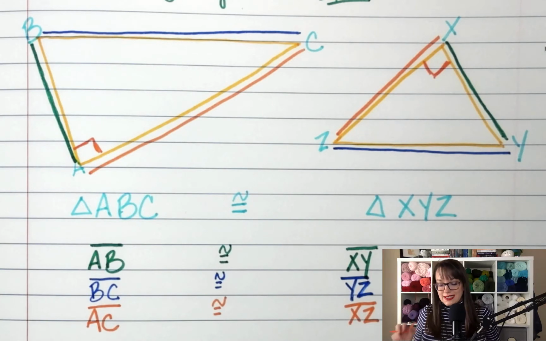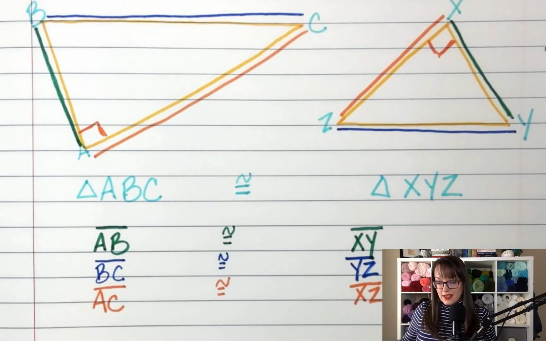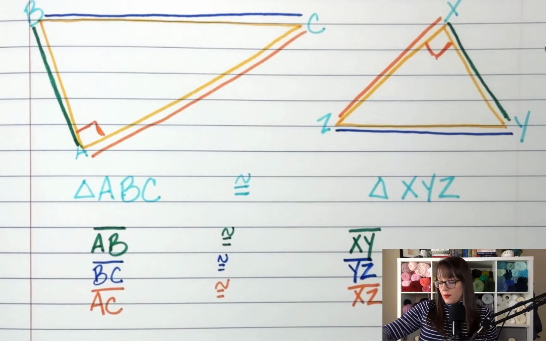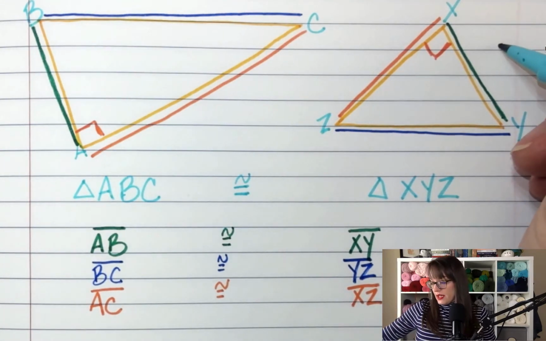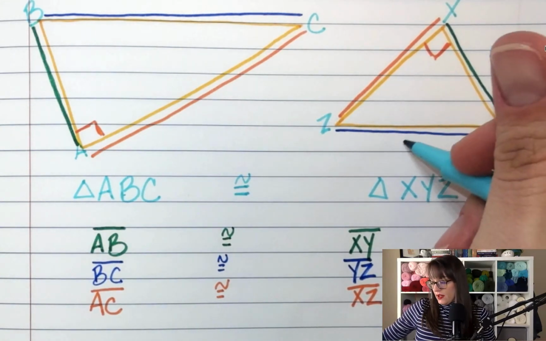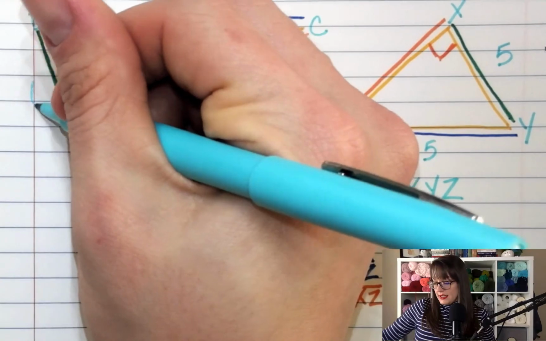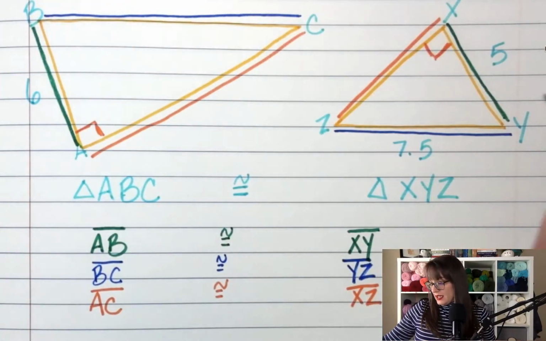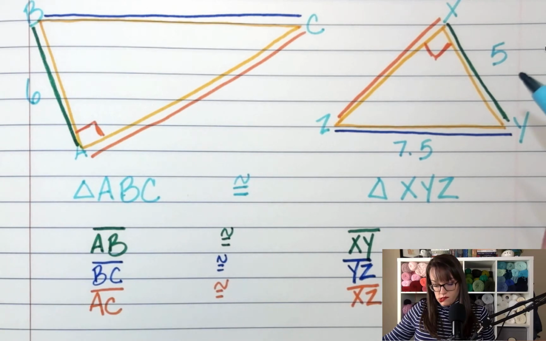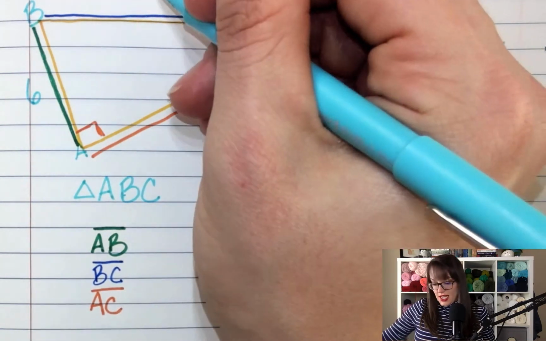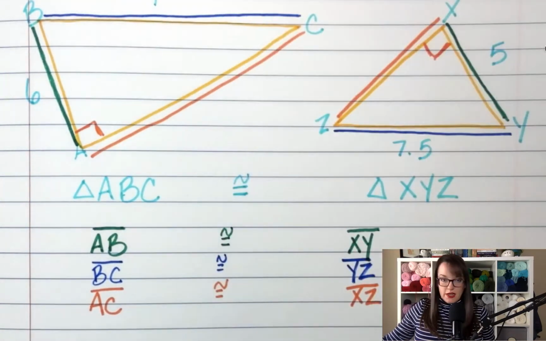So those sides match. Now, to test proportionality, I'm going to put in some measurements. Again, they're going to give you these measurements. Let's say this line is 5, this line is 7.5. This line is 6, and this line is 9. Sorry, my colors don't match up.